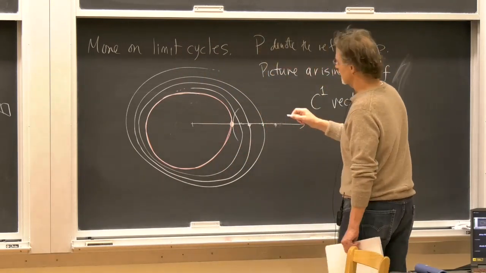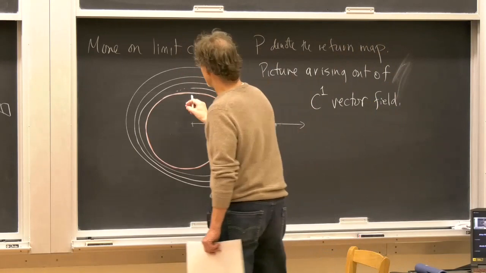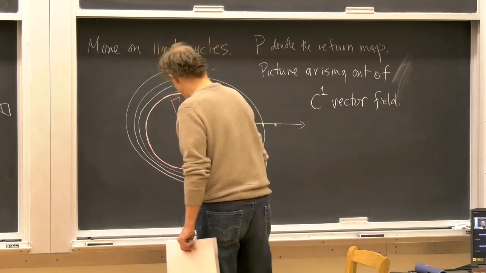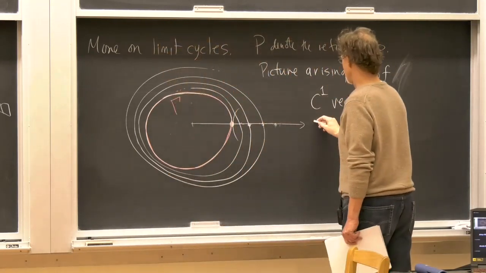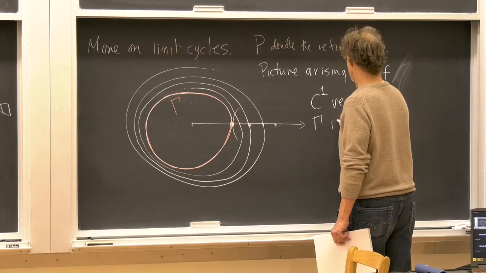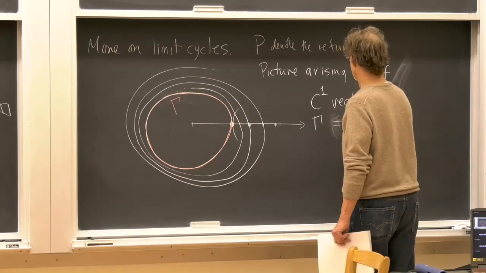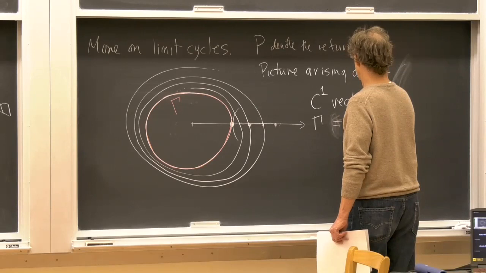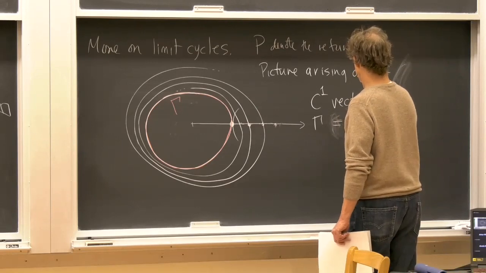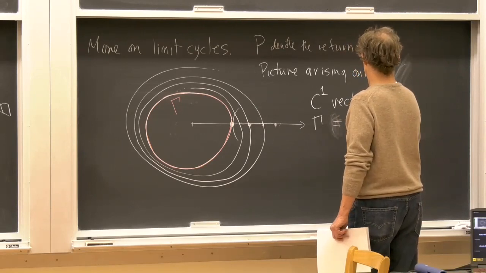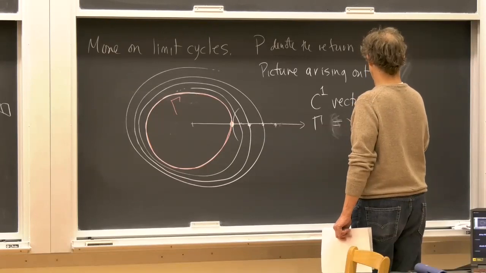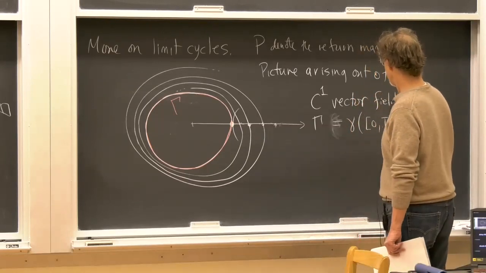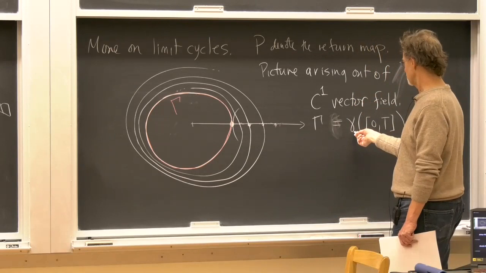And let's say, and this is going to be gamma at the moment, that gamma is the image of gamma on some closed finite interval 0 to T, where this is now a solution.